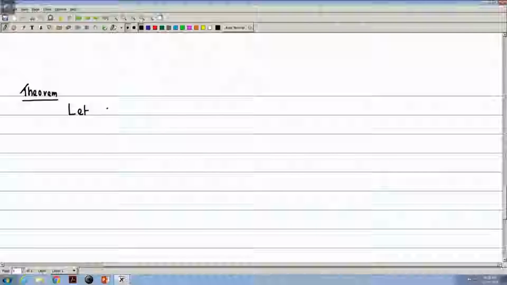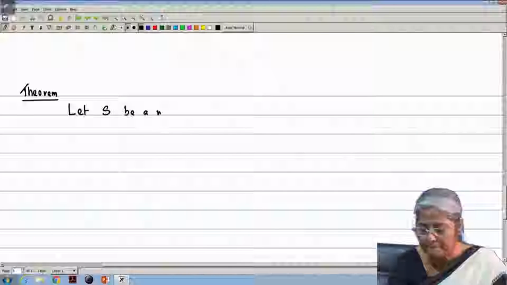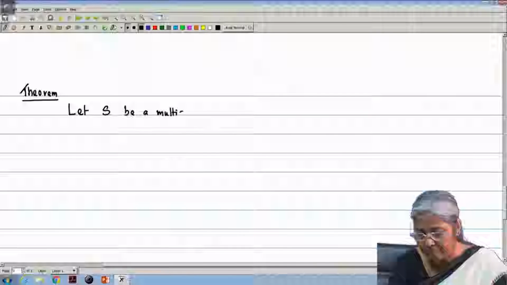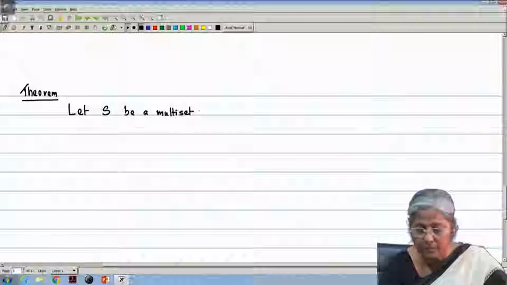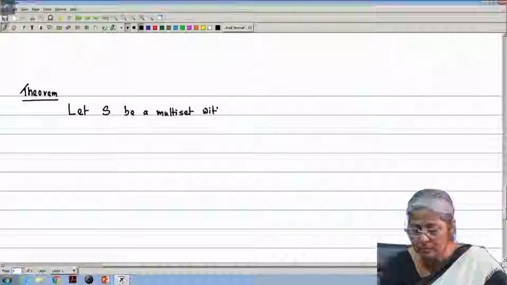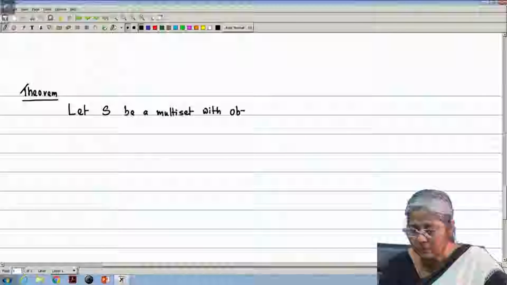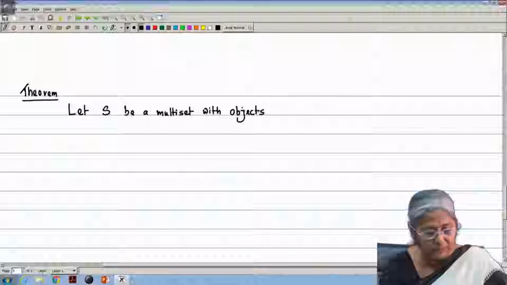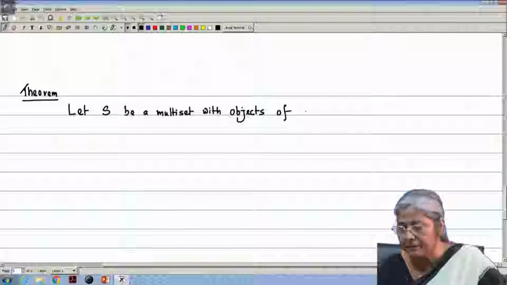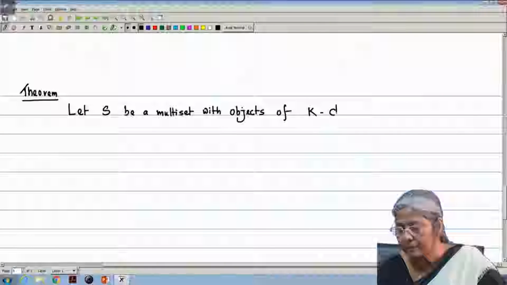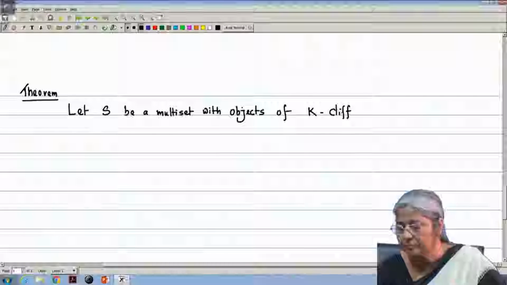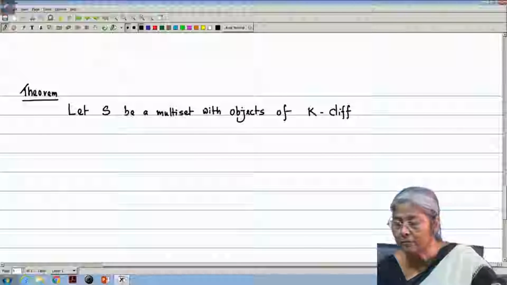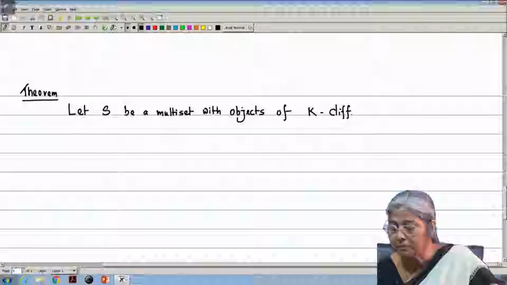So, let S be a multiset with objects of k different types, like in the last example we have seen A, B, C, 3 different types.